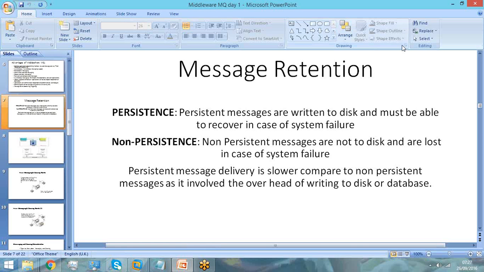I would stop for today so that you can take all this up. Just try to remember what I've told: what is MQ, message-oriented middleware, what is middleware, what is MOM, how MQ uses messages and queues, the different modes of communication, the different types of message retention available, and the advantages of IBM MQ.